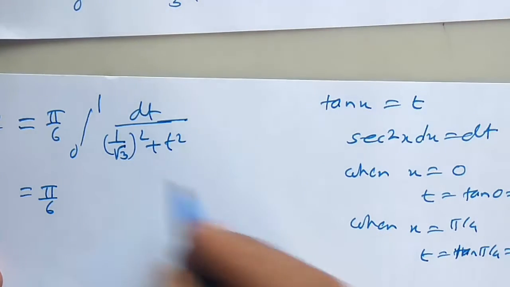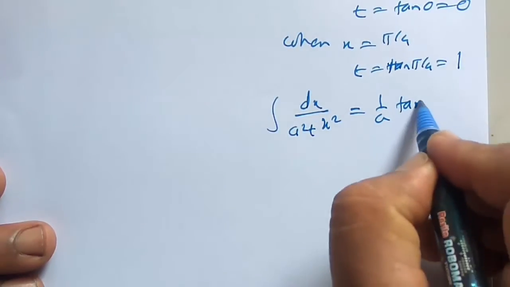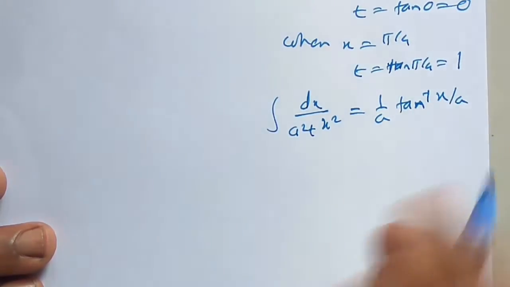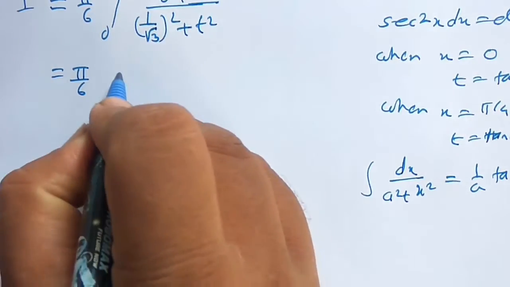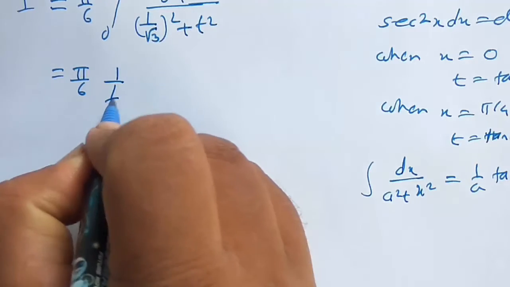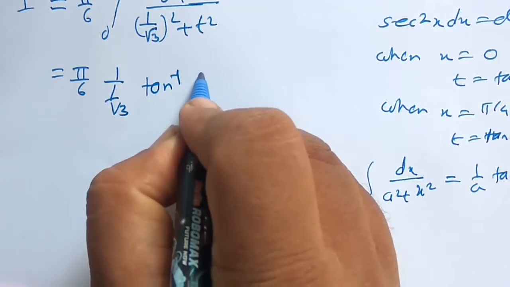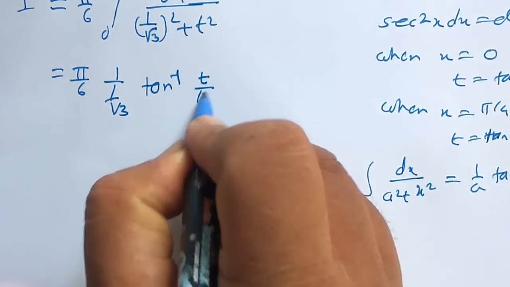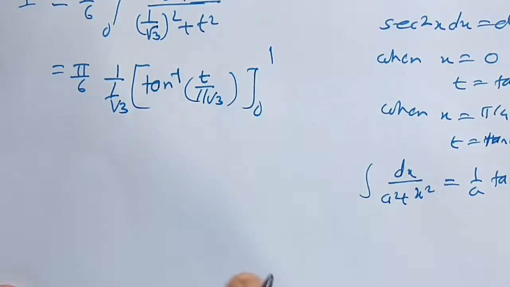We know the integration of this type of example: dx upon a square plus x square is equal to 1 upon a tan inverse of x by a. So using this, it is equal to pi by 6 times 1 upon root 3 into tan inverse of t upon 1 upon root 3, limit 0 to 1.